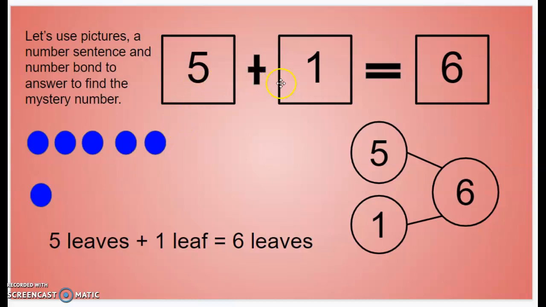I filled out my number sentence, my number bond with my missing parts, and I wrote out another number sentence. That tells me the units. Now the unit is what we are counting or what we're trying to figure out for. In this problem, it was the leaves. So I'll say 5 leaves plus 1 leaf equals 6 leaves.